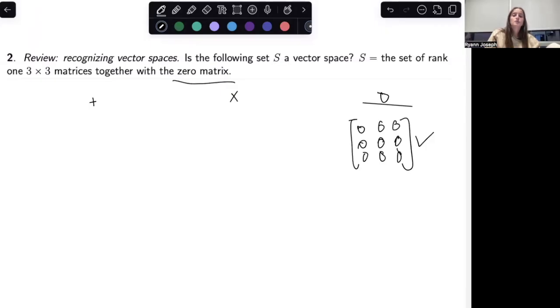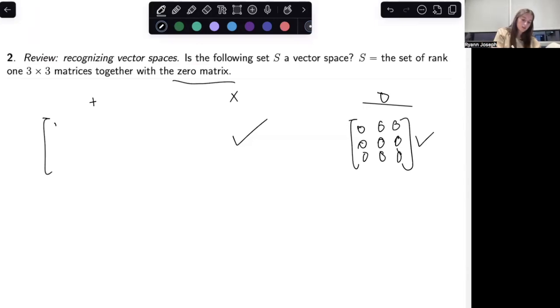Now we need to ask if we scale any rank 1 matrix by any scalar, it's still going to be a rank 1 matrix, right? It's not going to increase rank and it's not going to decrease rank. So it's closed under scalar multiplication. However, if we add any 2 rank 1 3 by 3 matrices, it's not necessarily going to be a rank 1 3 by 3 matrix, because having rank 1 does not mean that the non-zero row is the first row.